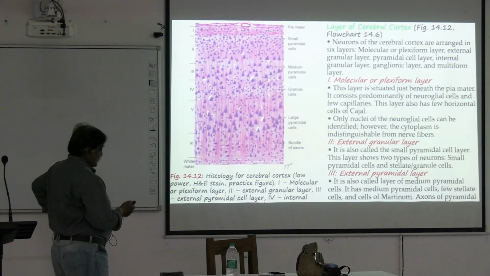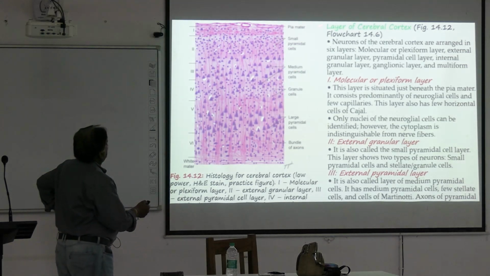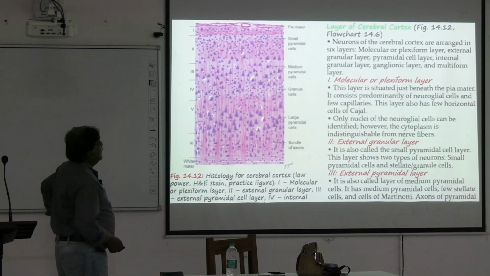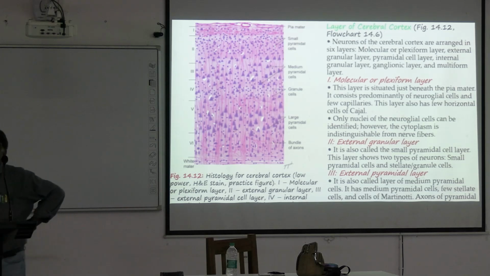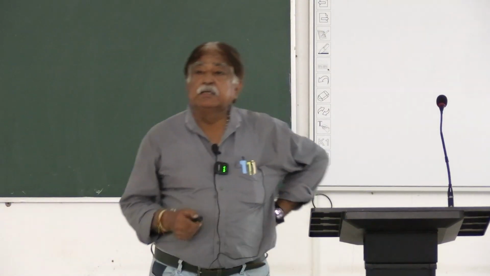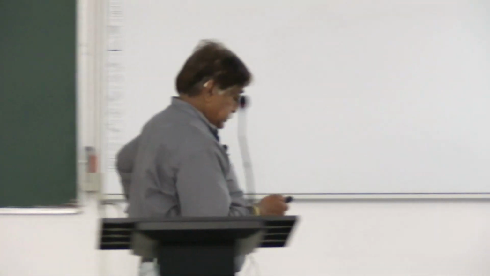Now, the layers of the cortex in H&E stain: small pyramidal cells, medium pyramidal cells, granule cells, large pyramidal cells and bundle of axons here. You can see this in your histology book, or if you want to see it in large form, see it in the histology lab.